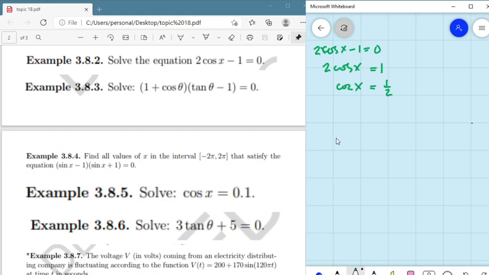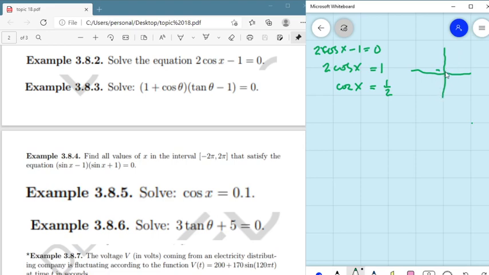So we are going to find in which quadrant, or what the value of x is, wherein cosine of x is equal to 1/2. We recall there are two situations wherein the cosine is positive: in quadrant 1 and quadrant 4.